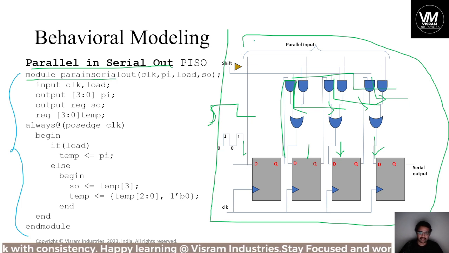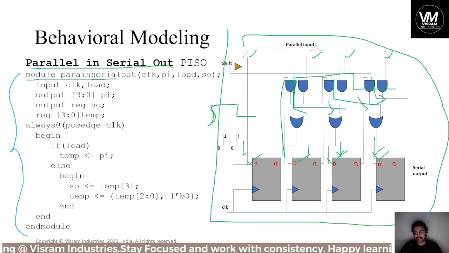For example, we are giving data parallelly. Consider these lines, parallel inputs we are giving to each flip-flop at the D inputs. Now I am representing the output with a red mark.